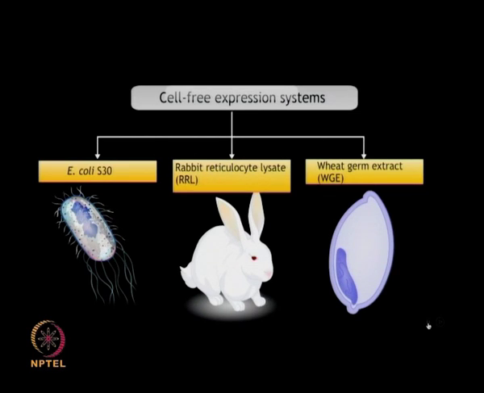E. coli S30 is a commonly used bacterial expression system that is capable of producing protein yields of around 6 mg per ml.